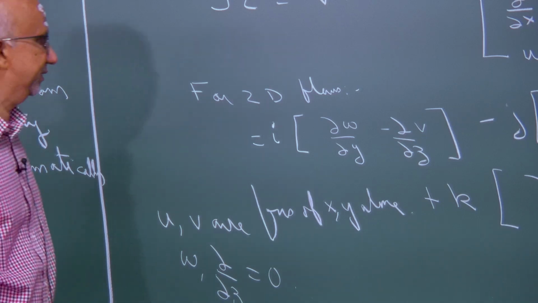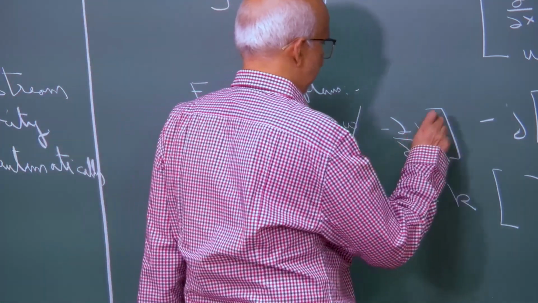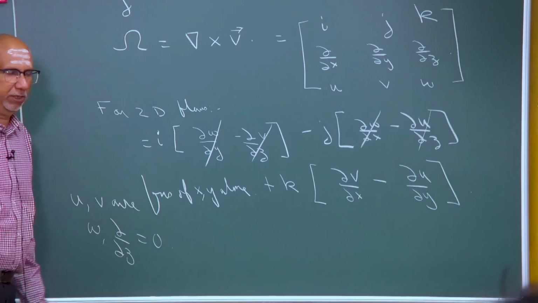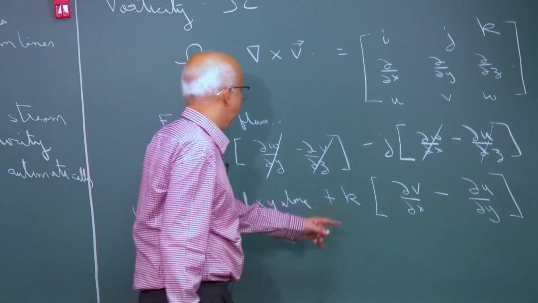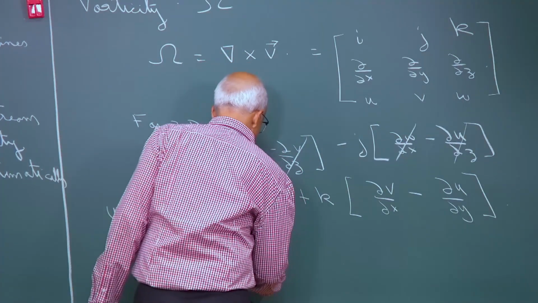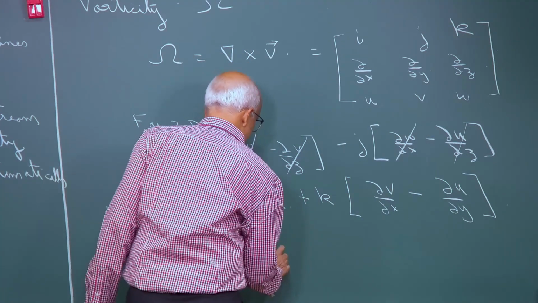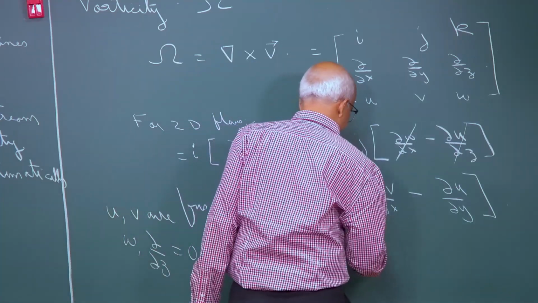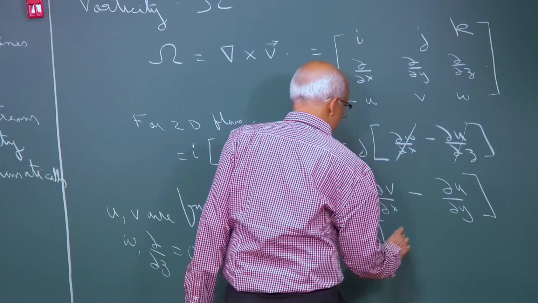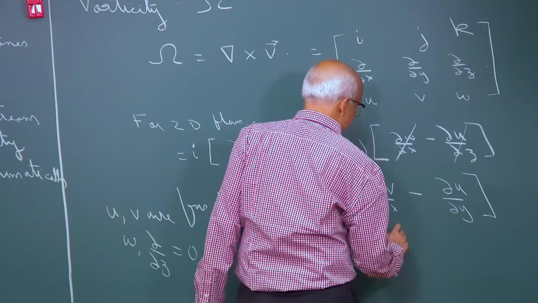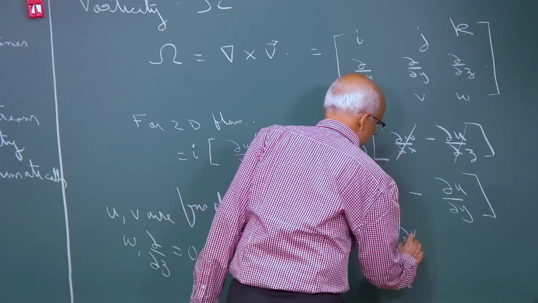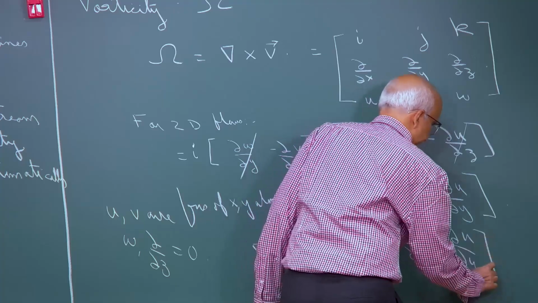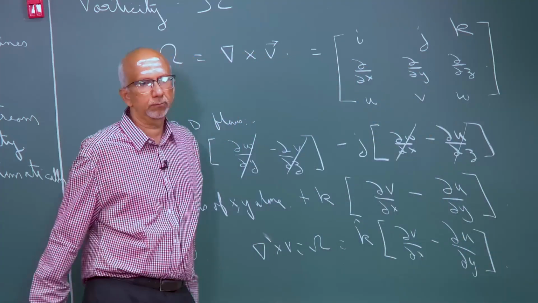So, what this means is these terms do not contribute, no variation in z, w is 0, so all those go off. The only thing remaining is this third term. So, curl of V, which is omega, is going to be given by k times dv by dx minus du by dy, okay.